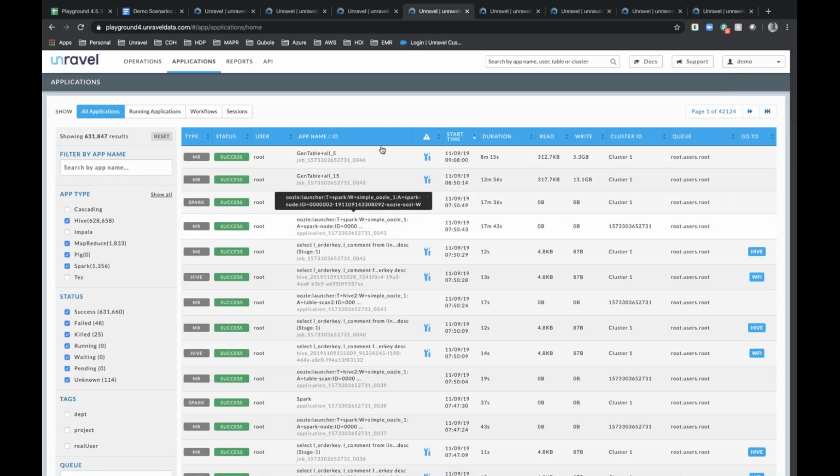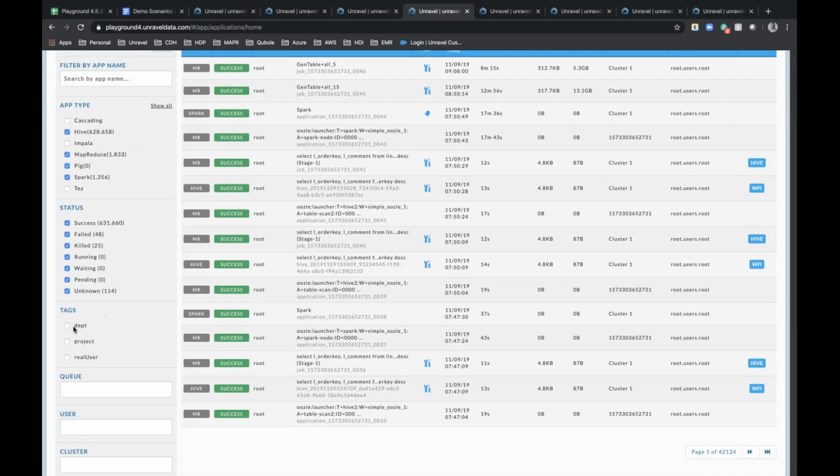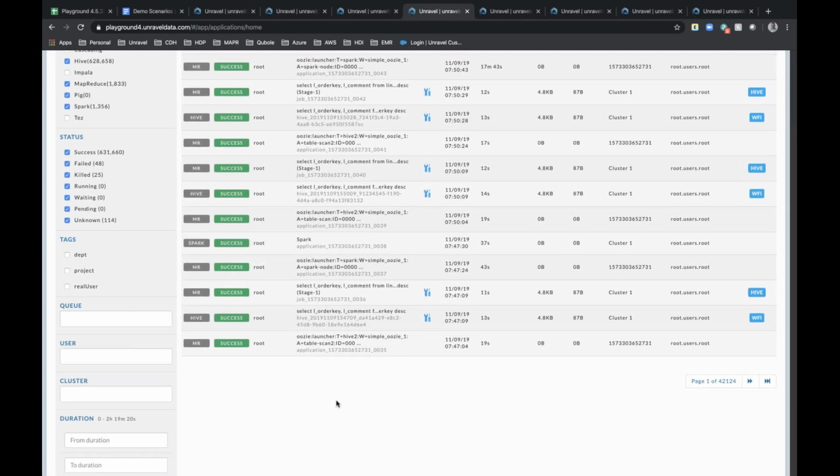The other part of this, so that's the operations part, and I'm touching on a couple of things, but on the application side, what we're providing the end user is a self-service way of looking at their workloads for a given period of time, filtering by the type of application, the status of the application, maybe even by business tags, such as what project that job was associated with, or the cluster that it ran on.